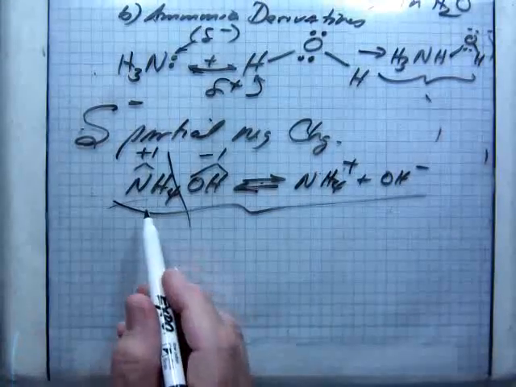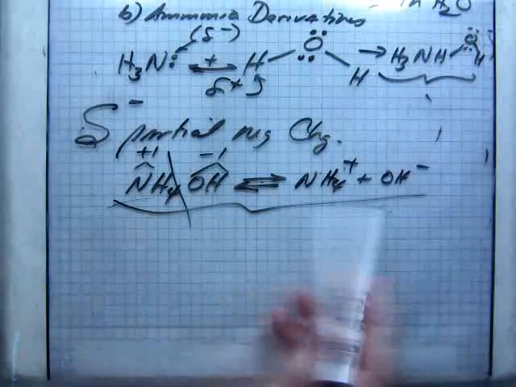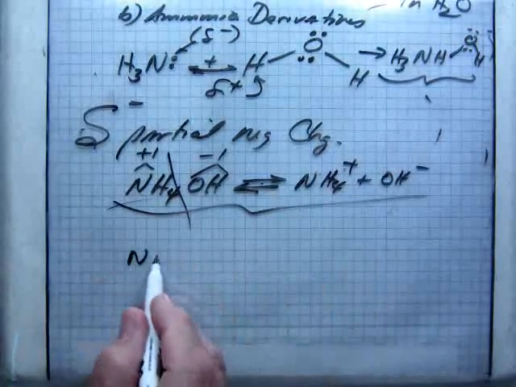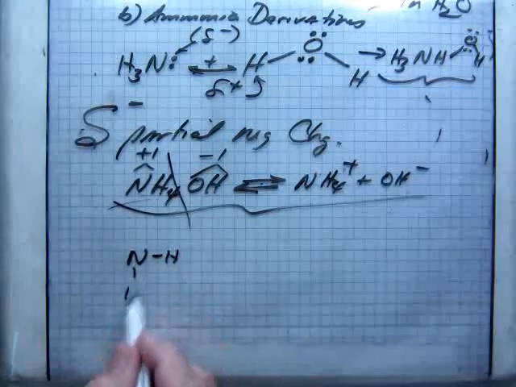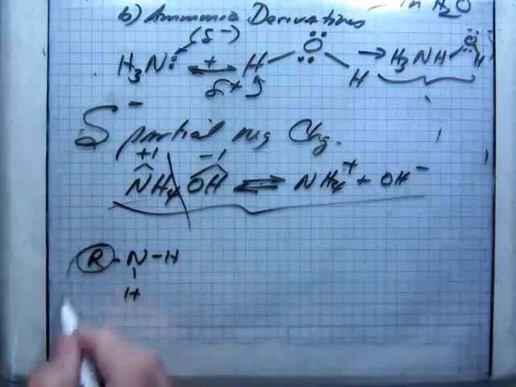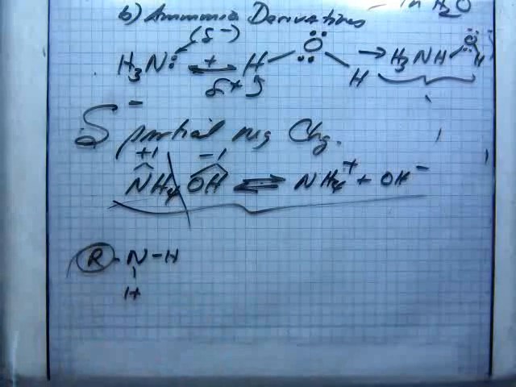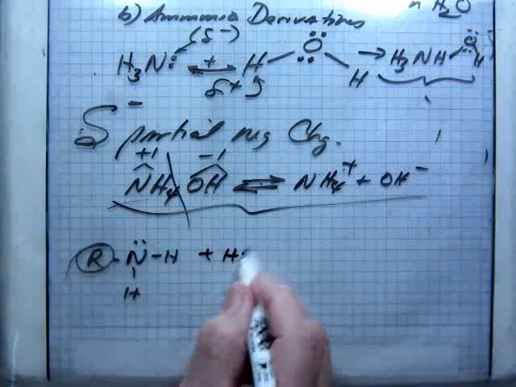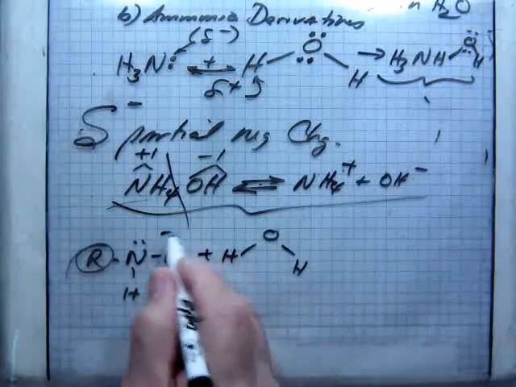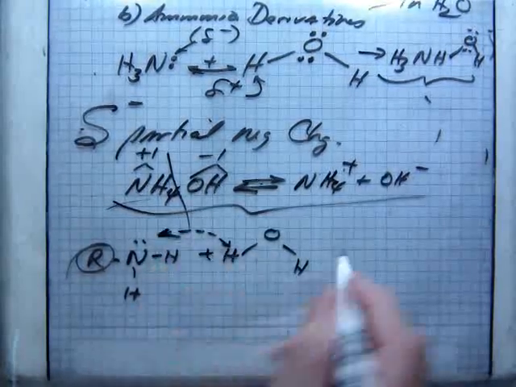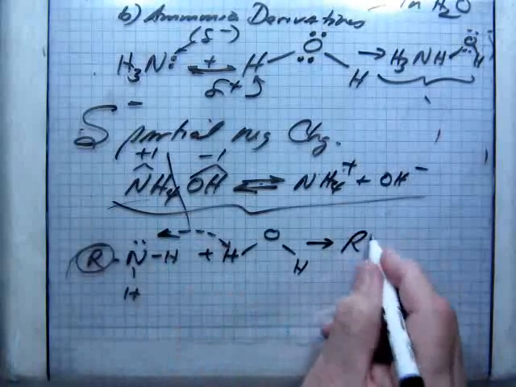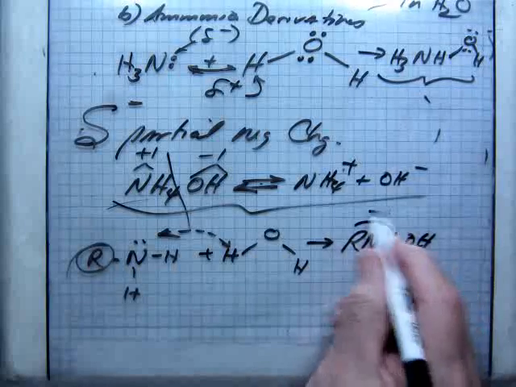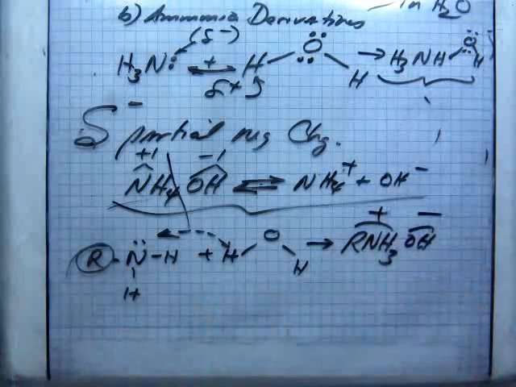Now, the derivatives are just the same process, except you take one of the hydrogens and you substitute some group on it. That's a derivative of ammonia, and this still reacts with water in the same way. The outcome is one-to-one ionization, with that part plus and that part minus.